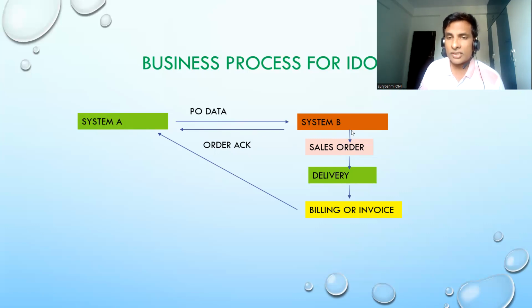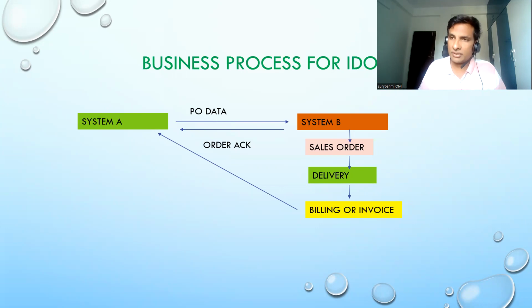So here the sales order is created because of your PO data, this is inbound. And your delivery notification, if you are sending from system B to system A, is again outbound. And your billing and invoice information, when it is sent, is outbound.